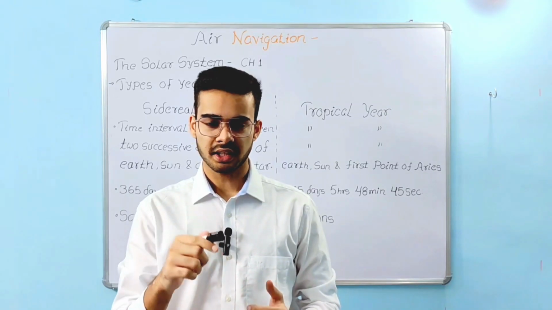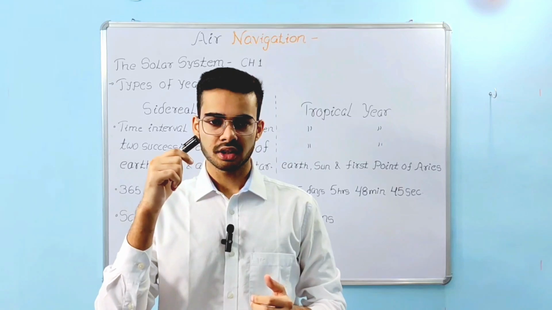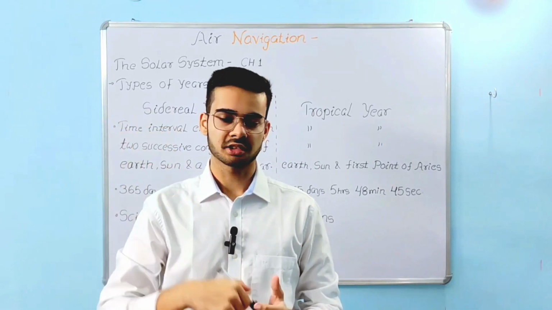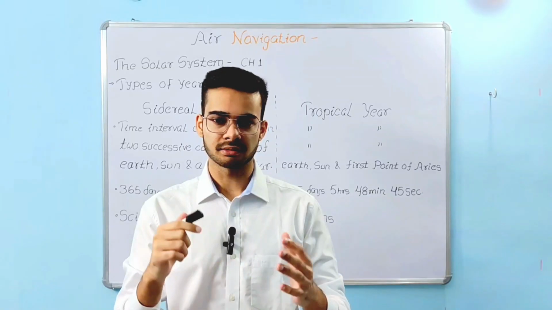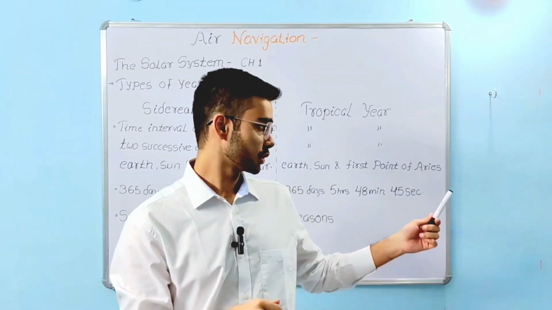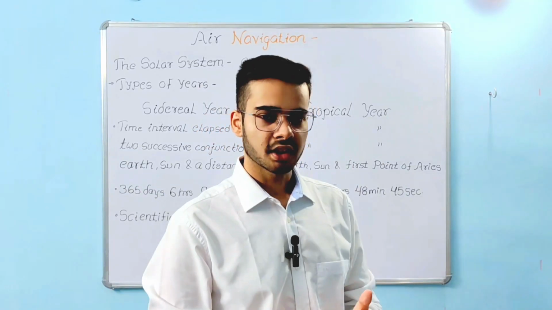Why? It is actually a mathematical value, an imaginary location in space, which is located by the scientists for our use. It is not an actual star. You need to remember this. So, we are done with definitions.